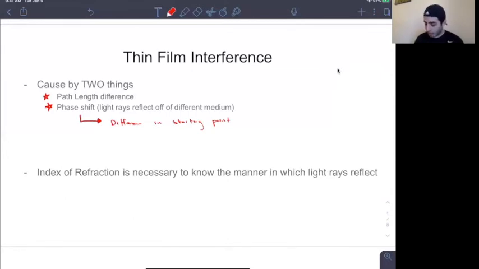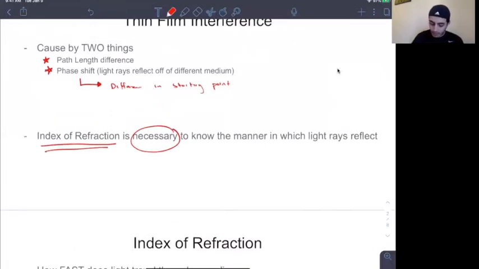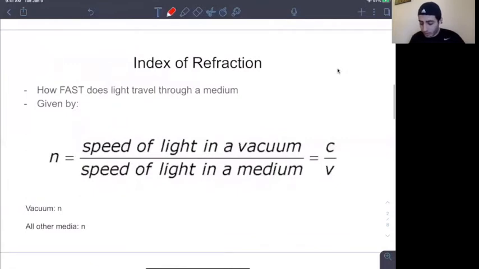An important thing is that the index of refraction is necessary to know the manner in which the light rays reflect. So based on the index of refraction, this will tell us what the phase shift is. So they are related.